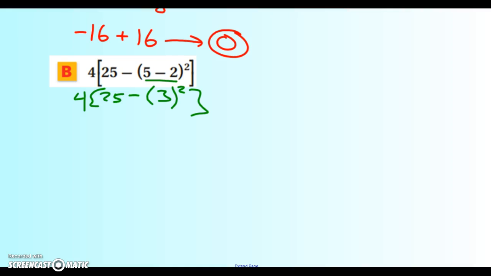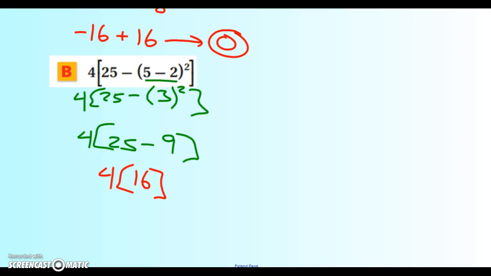So we got to take that power next, 3 to the second, which would be 9. And to finish this off here, 25 minus 9 is going to give us 16. And then 4 times 16, which is 64. There we go. So that's how we do that.